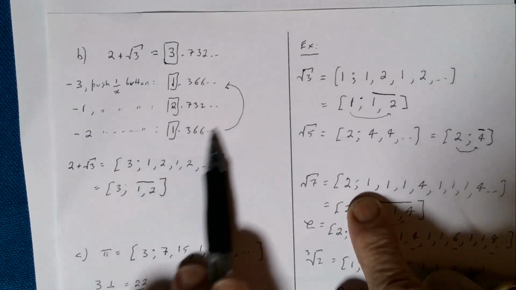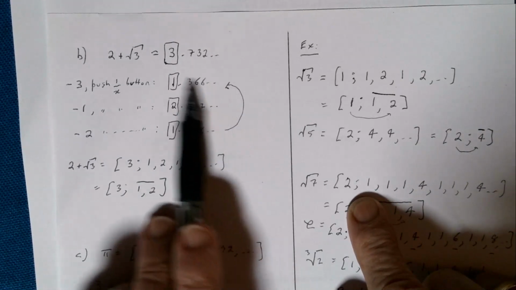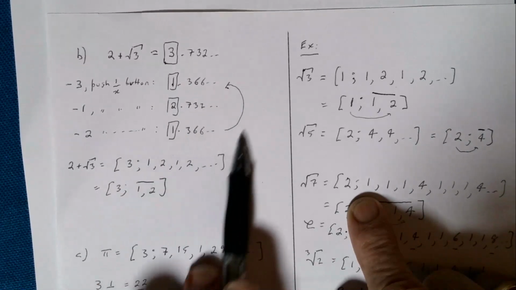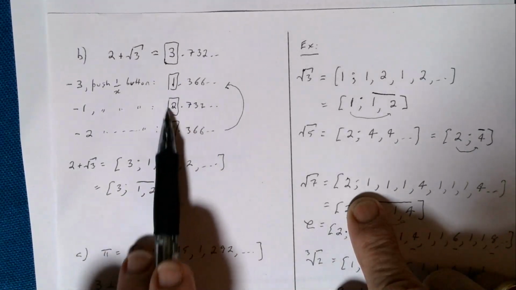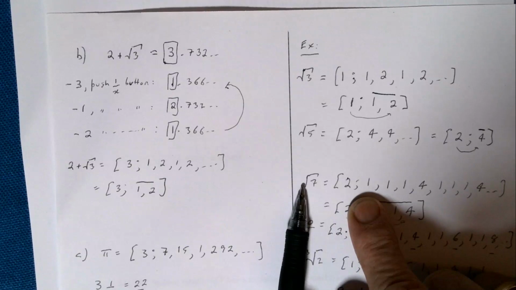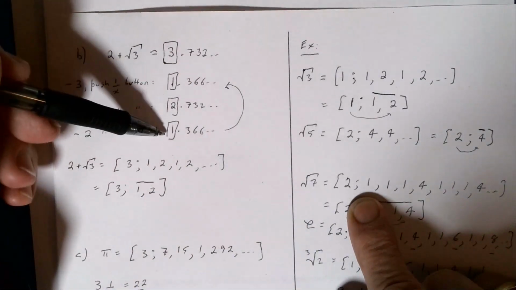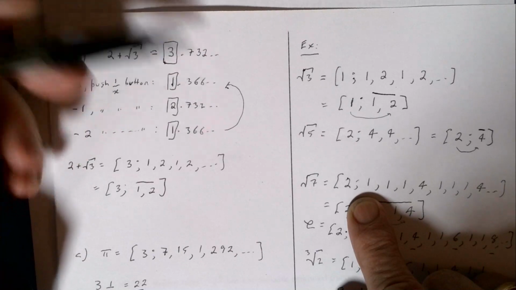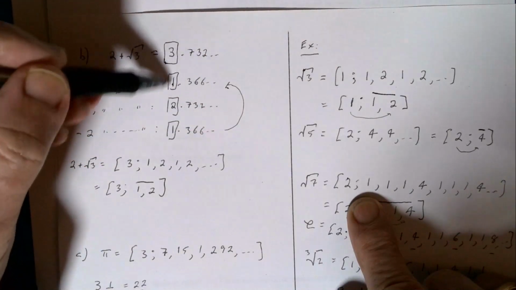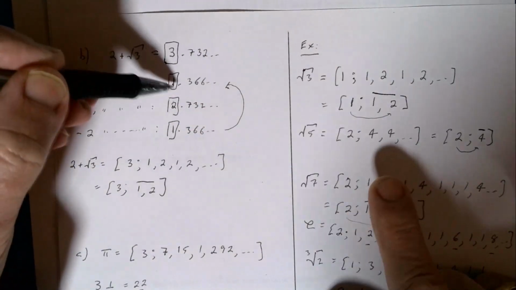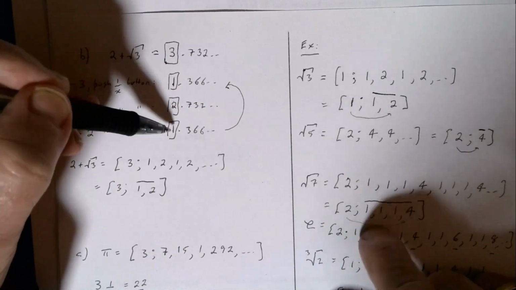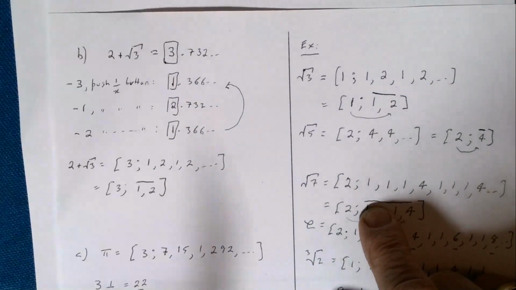And so the pattern is going to just circle around. So it's going to go 1, 2, 1, and then we get back to here. So 2, 1, 2, 1, I should say, forever.